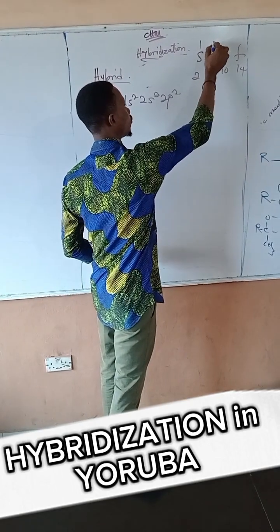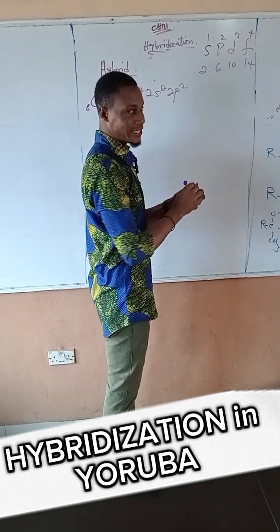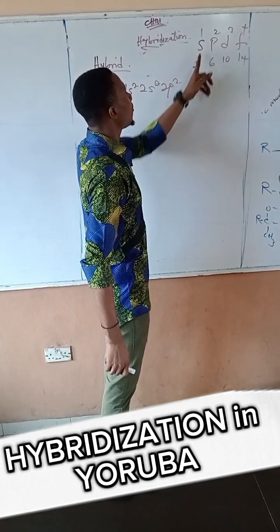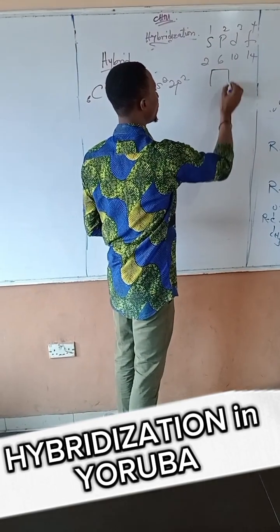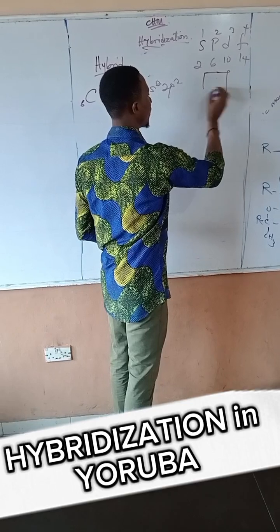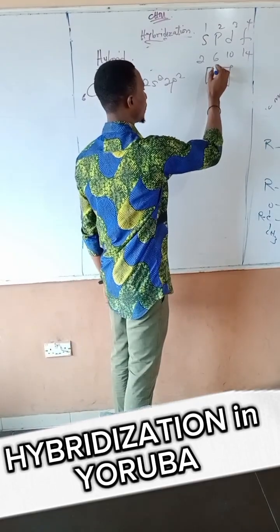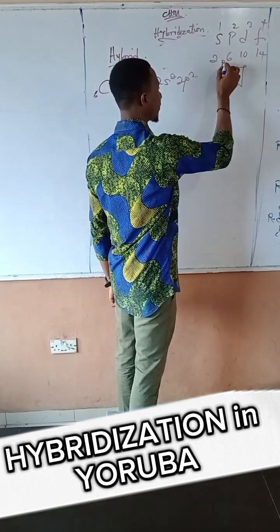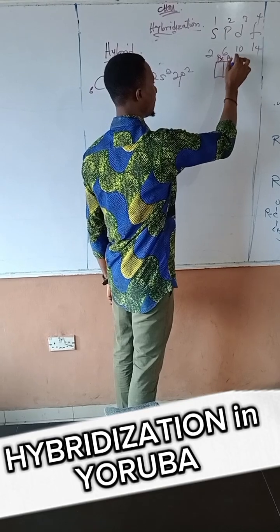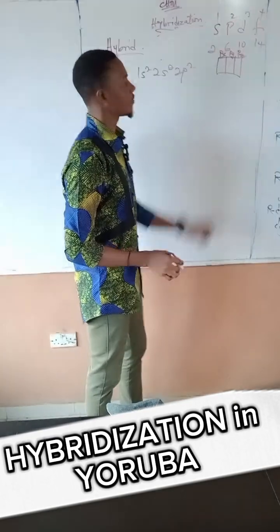This is orbital 1, 2, 3, 4. I said we have what is called suborbital. The suborbital of S is 1. The suborbital of P is 3, so we have Px, Py, and Pz.